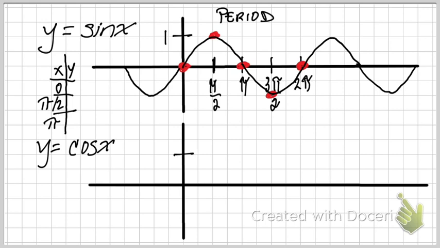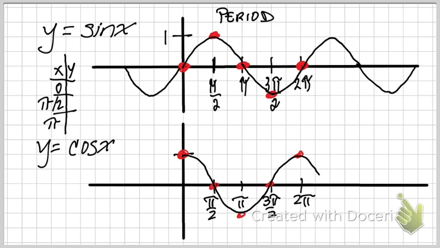And we'll do the same scale here: pi over 2, pi, 3 pi over 2, 2 pi. And my 5 points are going to be 1, 2, 3, 4, 5. And that's my base, or my parent function for cosine.